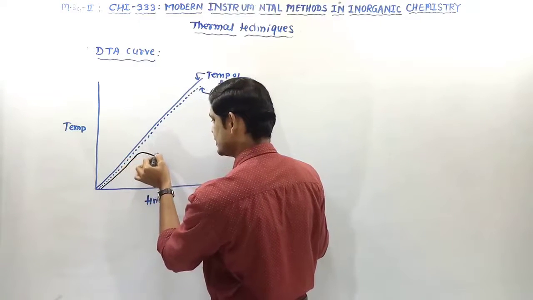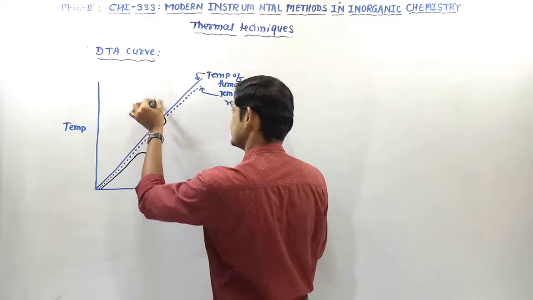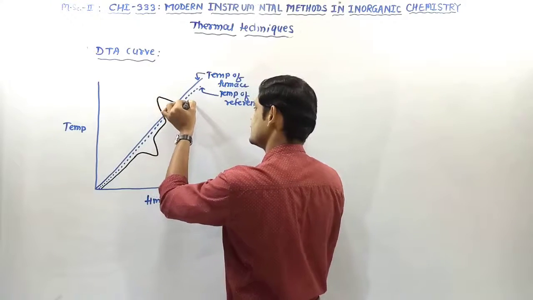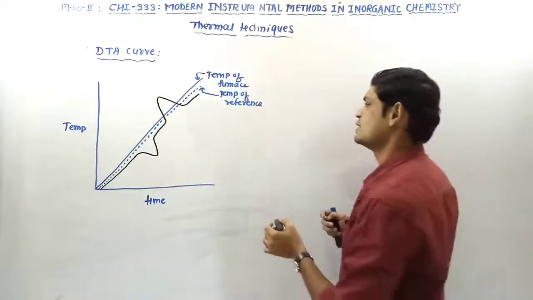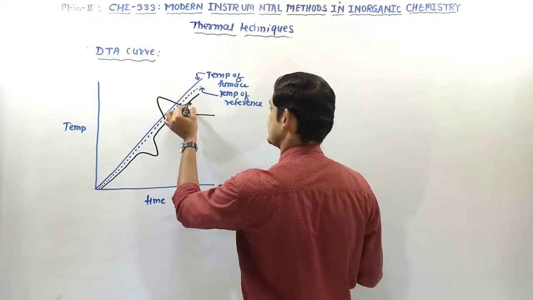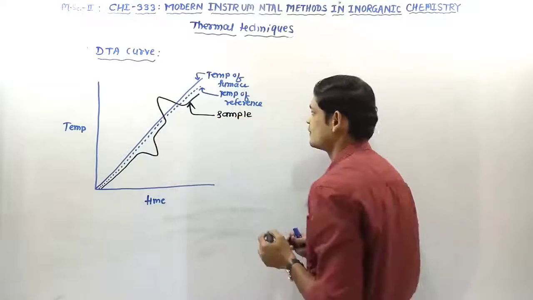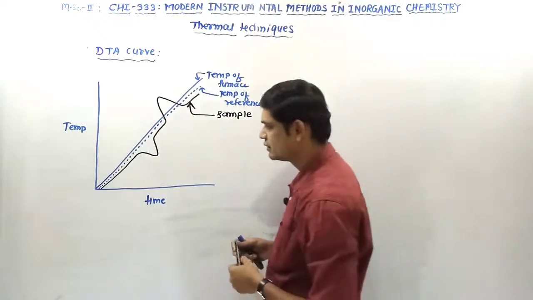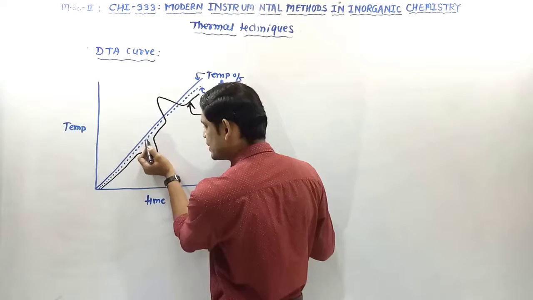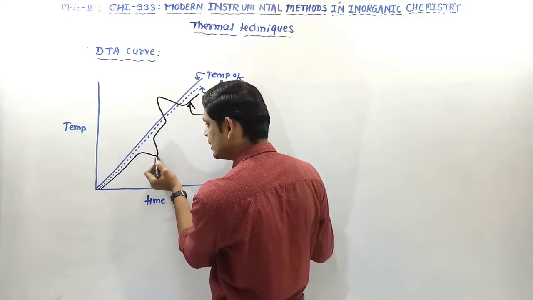There is a decrease in temperature. Again it goes to constant. Again it may increase. Again it may go to constant. So this is nothing but the temperature variation of a sample, or you can say the analyte. What happened over here? This is the temperature of a reference, and this is the temperature of the sample.